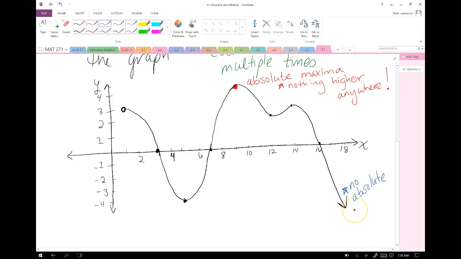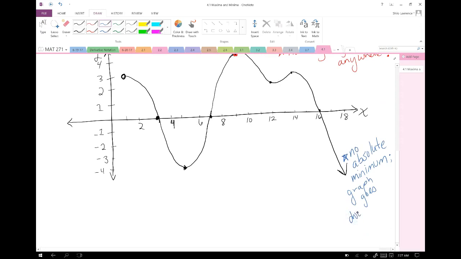If you had to try to guess at how low this graph goes, I could always come up with a lower point because that arrow means it never stops going down. So that's because of that blue arrow pointing down.